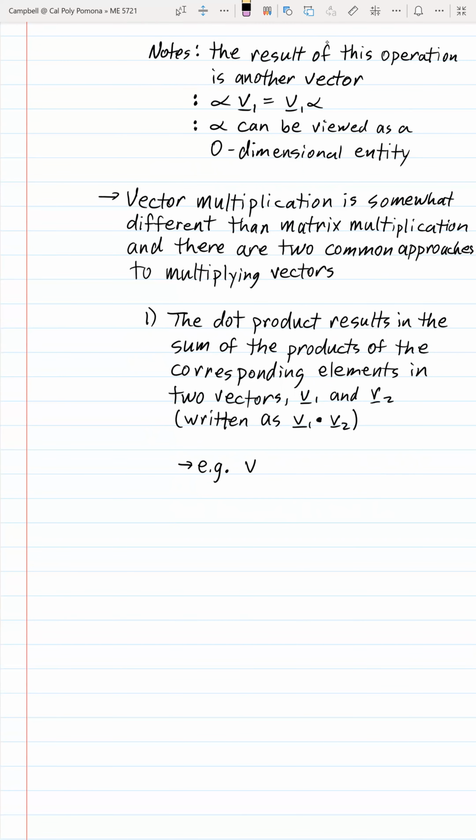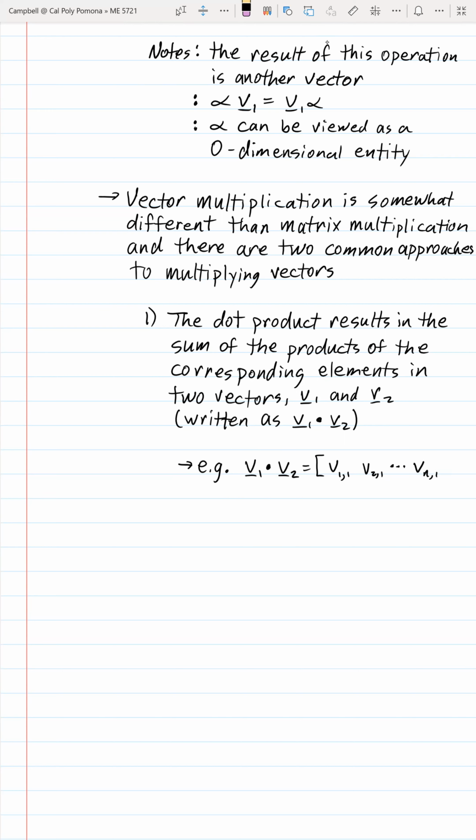If I have v1 dotted into v2, and v1 is equal to v1,1 through vn,1, where the first subscript represents the entry in the first vector and the second subscript represents the vector that it is an entry of.